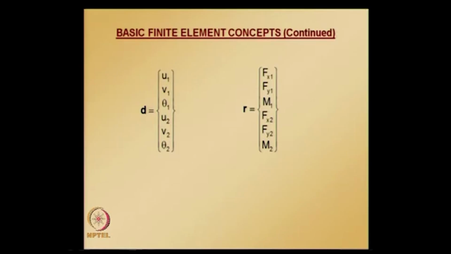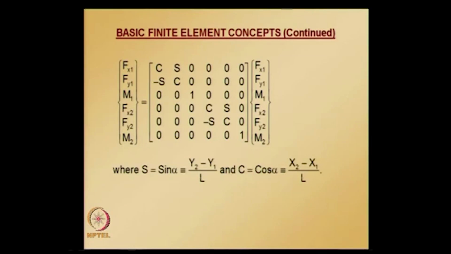A coordinate transformation between the local xy coordinate system and the global xy coordinate system gives equations that can be assembled directly for any plane frame problem. And that transformation matrix, that is, how the local force vector is related to the global force vector, is given by this transformation.